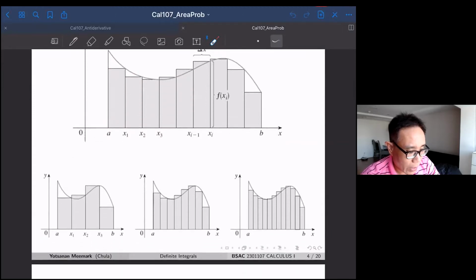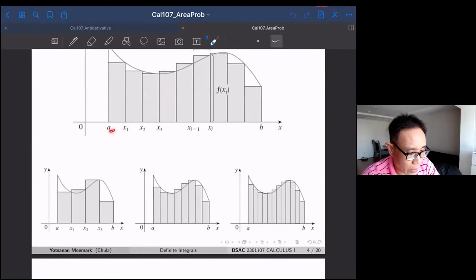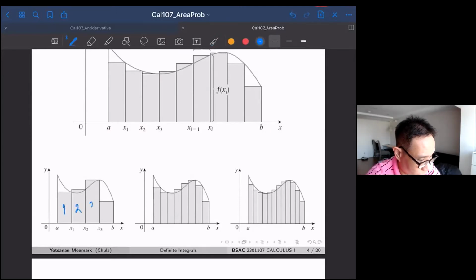So you see that if you divide the interval [a, b] into four pieces, 1, 2, 3, 4, you get some error here and some extra here that seem not close to the exact area.